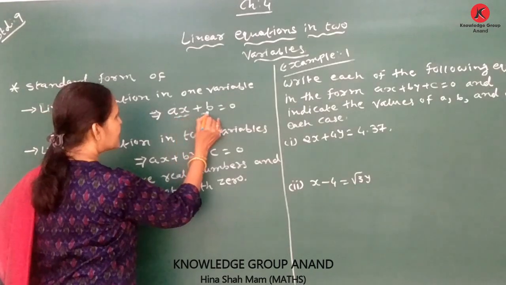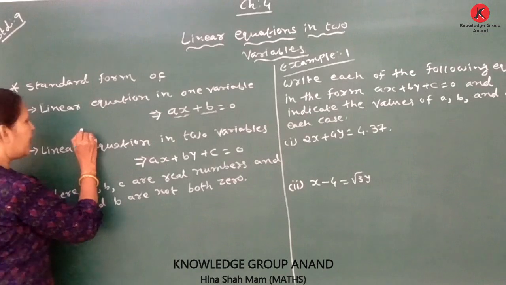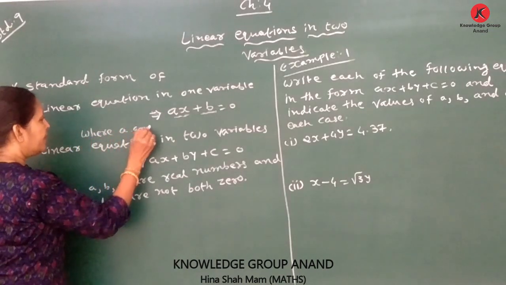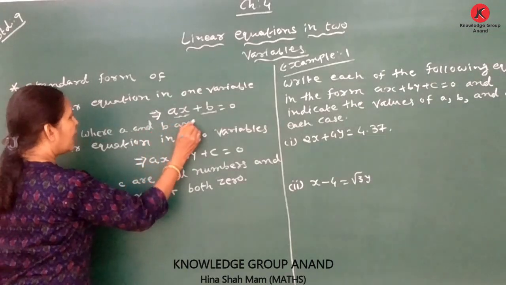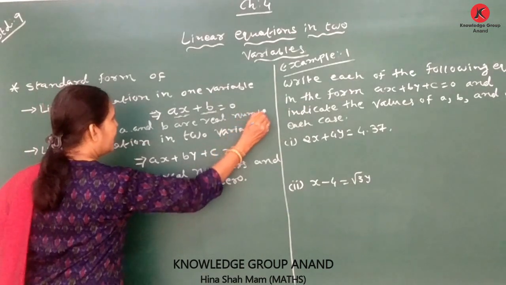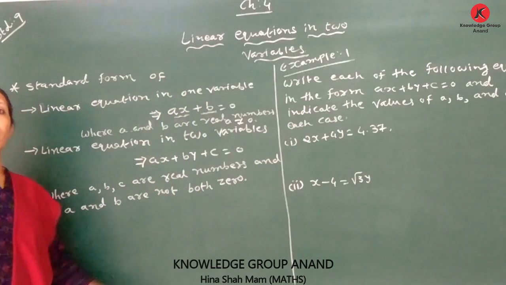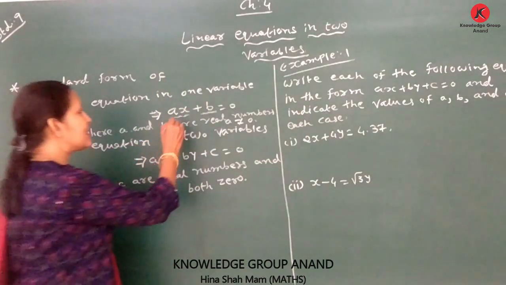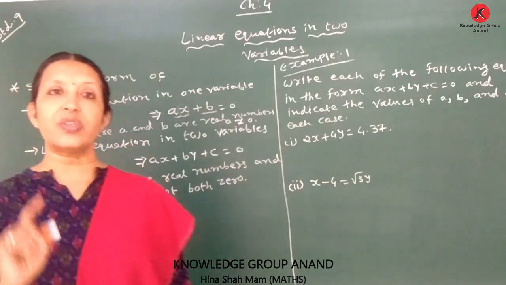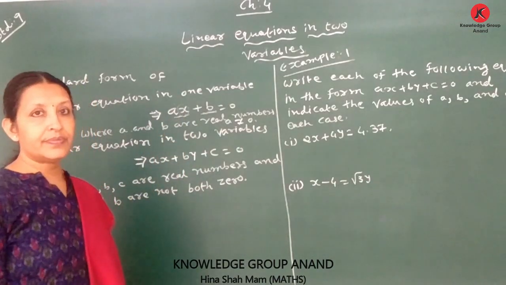The standard form of a linear equation in one variable is ax plus b equals 0, where a and b are real numbers, and a is not equal to 0. x is only one variable. Therefore, ax plus b equals 0 is an equation in one variable.